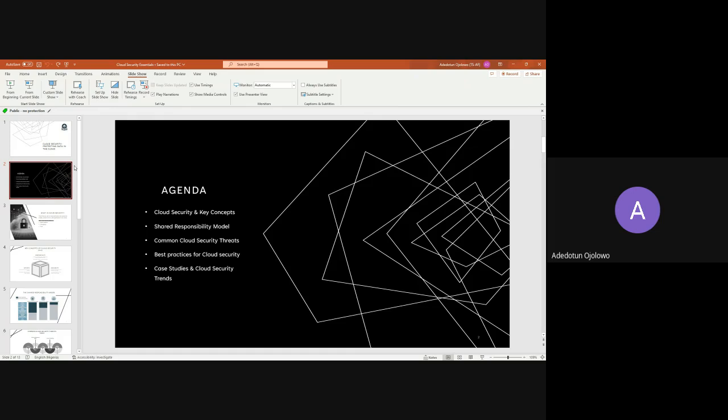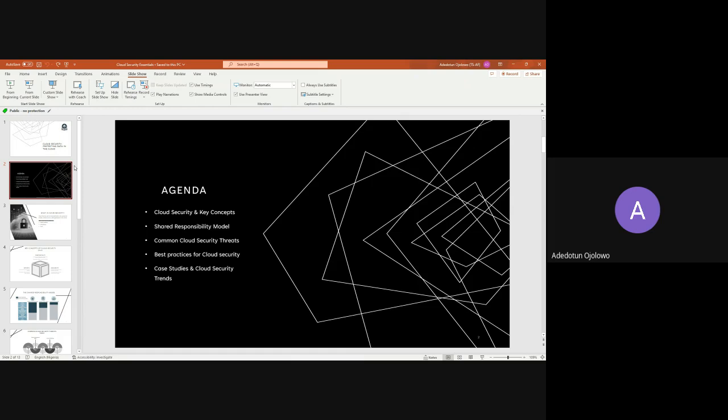We'll also take a look at the shared responsibility model. I think Fortress spoke about that last week, but we'll revisit it because it's really fundamental for security. We'll also look at some common cloud security threats, some best practices, and then end the session looking at some case studies and some cloud security trends.